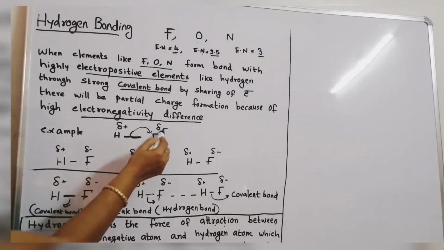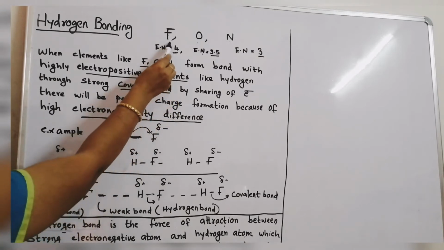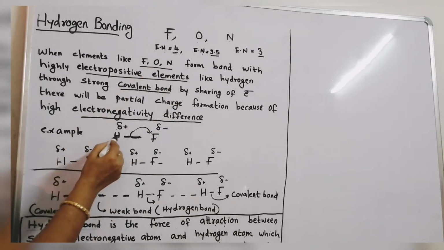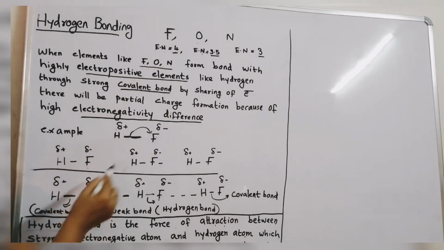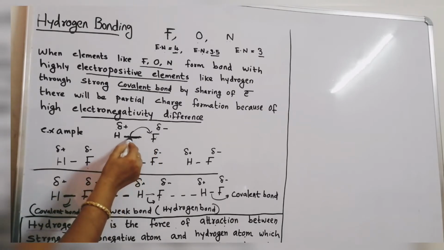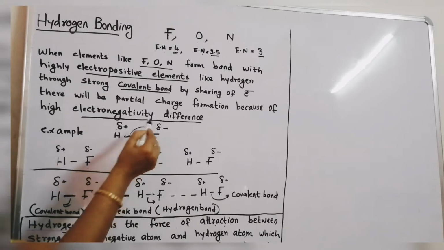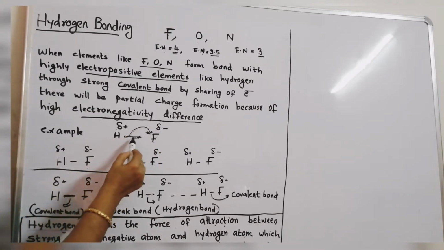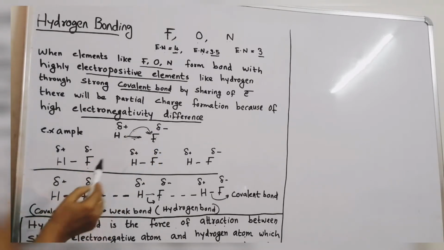Fluorine has the highest electronegativity value, 4. So in hydrogen fluoride, fluorine attracts the shared pair of electrons towards it. So there will be a charge formation.